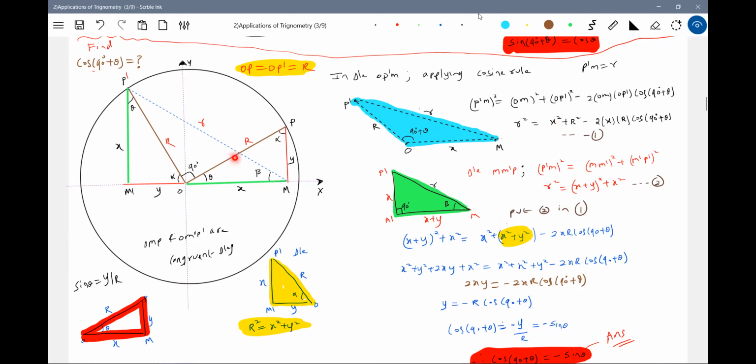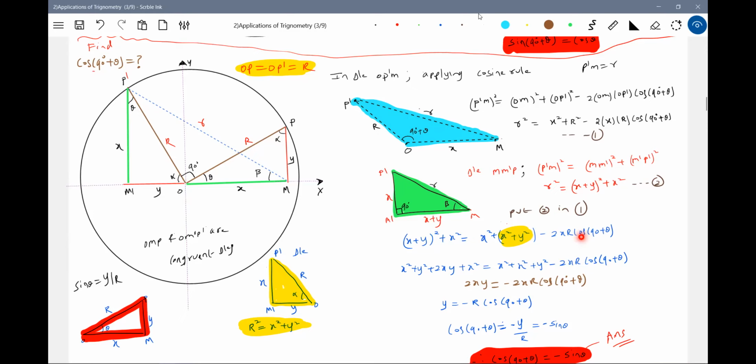R square I can define from the bigger triangle here, or you can pick any of these triangles. We can write it as x square plus y square, capital R square equals x square plus y square. So we'll replace this r square as x square plus y square, minus 2xR cos of 90 plus theta.